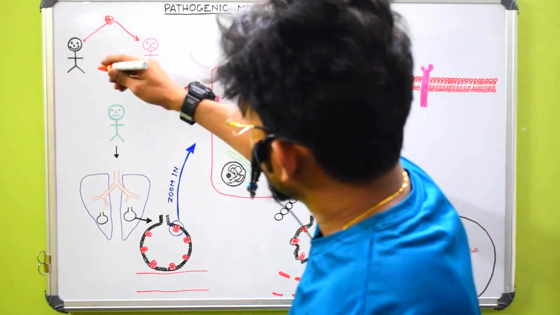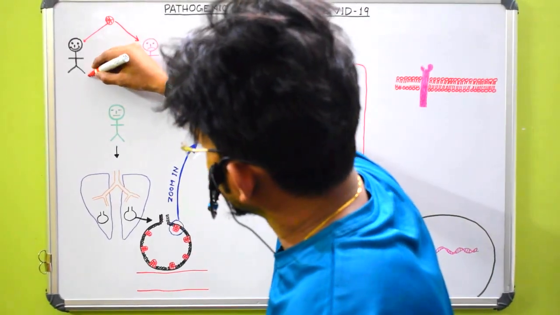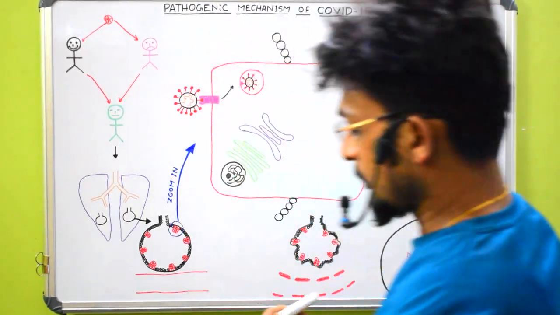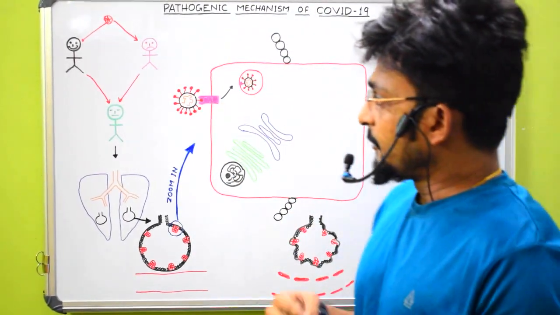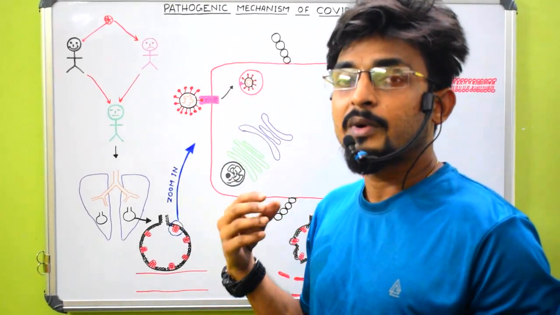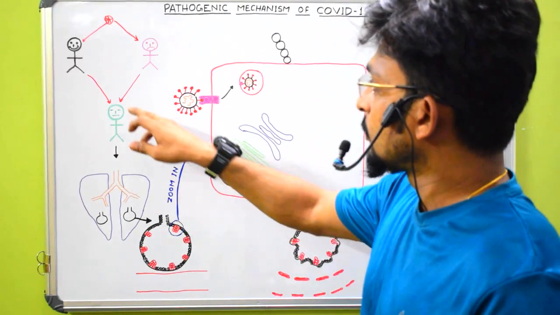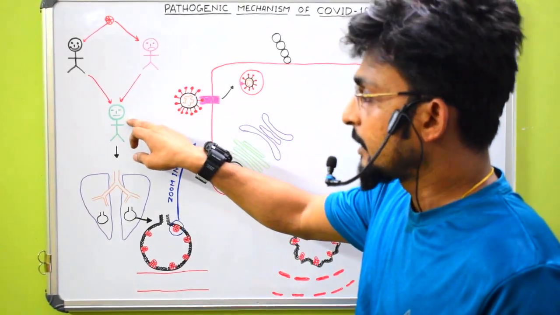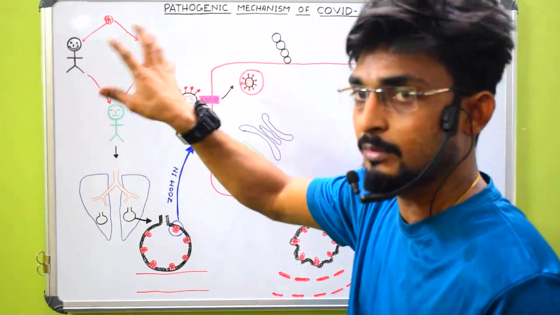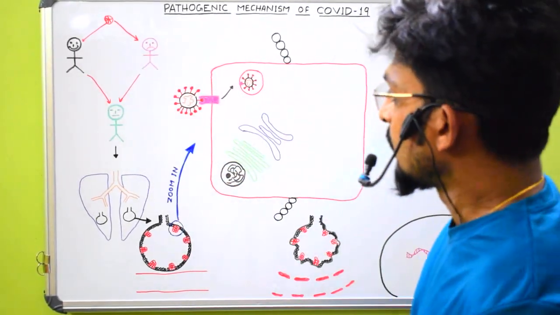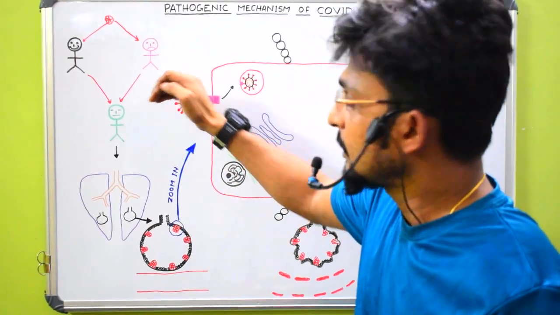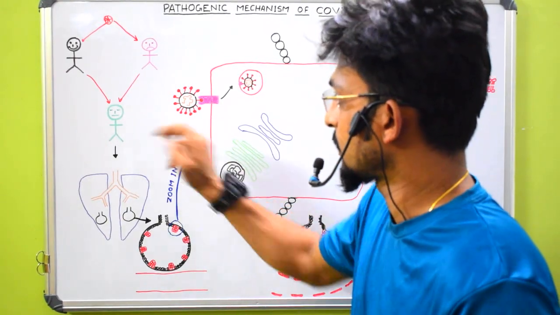From these two persons, this normal person is getting infected. As you all know, this virus infects our upper respiratory tract. So the virus will take entry into this normal person through these two individuals, and then infect the upper respiratory tract of this person.